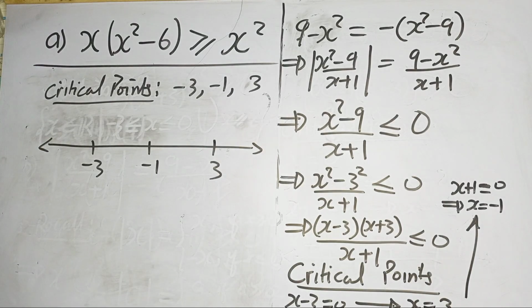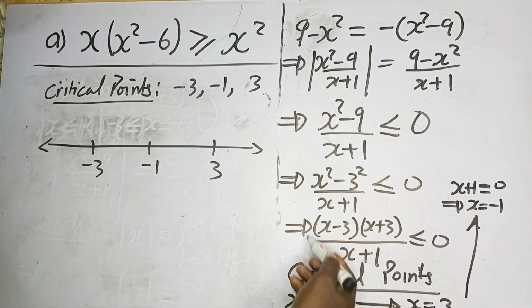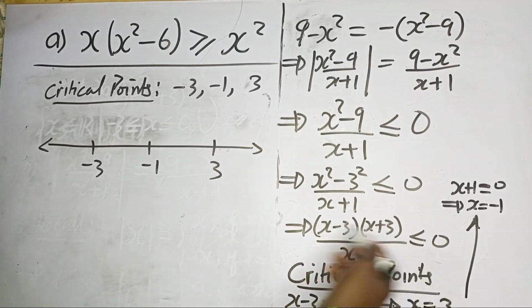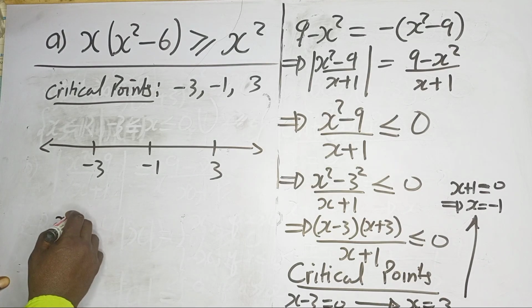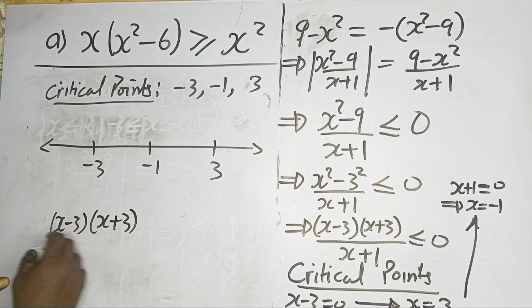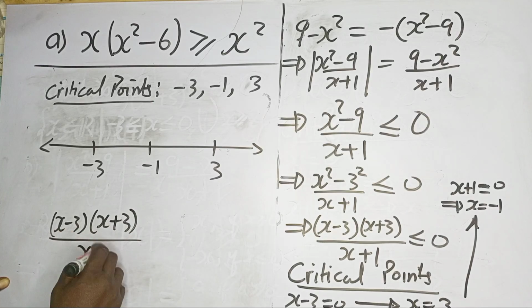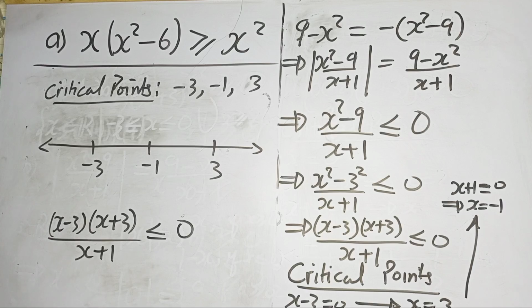Okay, now we're going to analyze using our expression that gave us critical points. So let's write it again here. We have x minus 3 into x plus 3 all over x plus 1 less than or equal to 0. Now let's take a value from this zone, for example, negative 4.